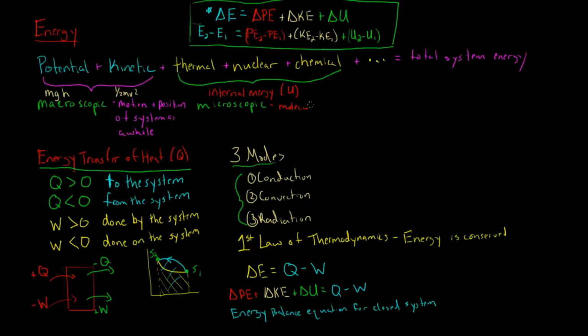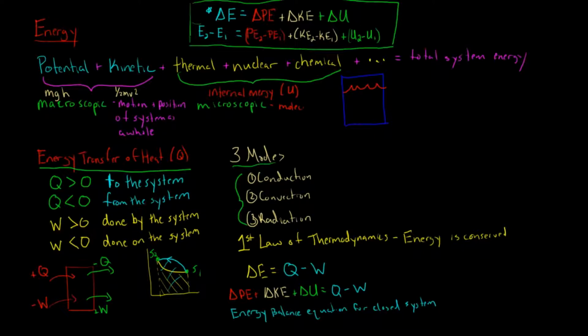Okay. So with my example, what I want to do is I want to have a system. So I'm going to have a closed system. I'm going to have hot water that's in this system, or a hot liquid. And it's going to be inside this rigid tank.